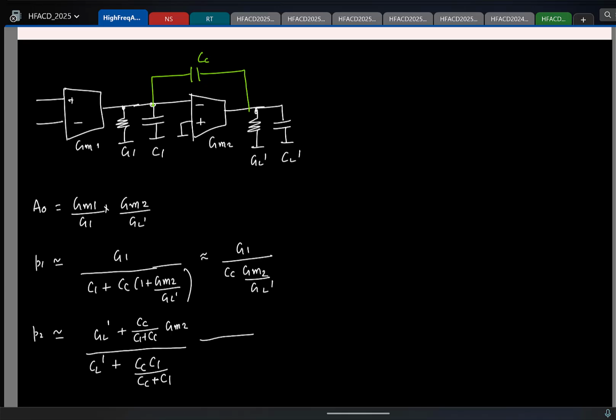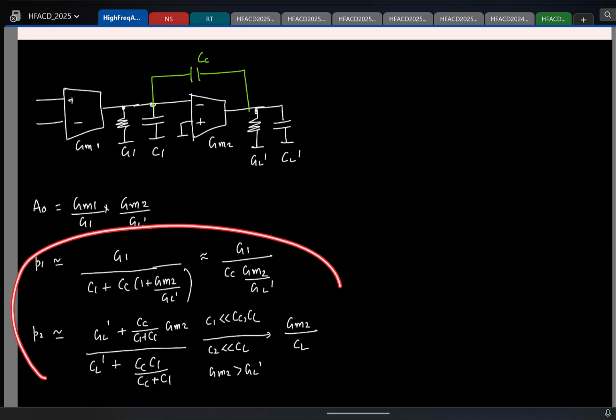So if I assume that C1 is much smaller than CC and CL, and GM2 is much greater than GL prime, then I can approximate this as GM2 by CL.